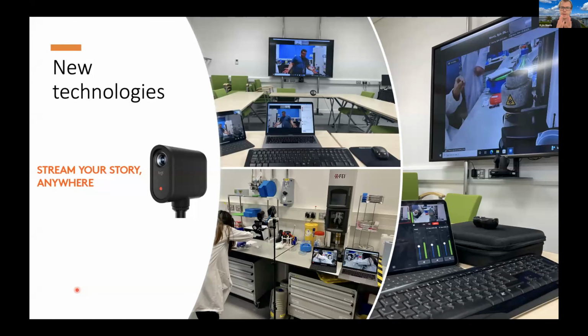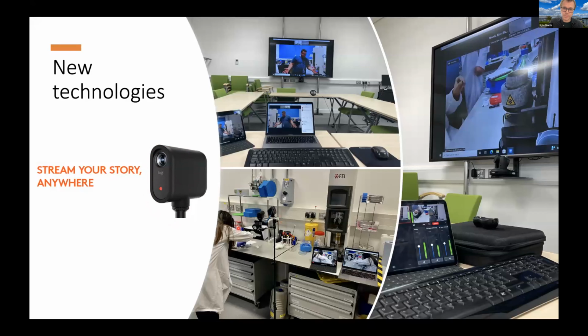I said that we use the community training as a way to test technology, and this is something that we're really excited about. I want to leave a thought: we now have these cameras, these Logitech cameras. I don't work for Logitech, but these are really great.